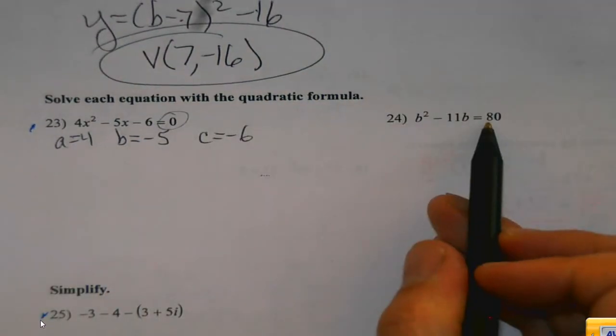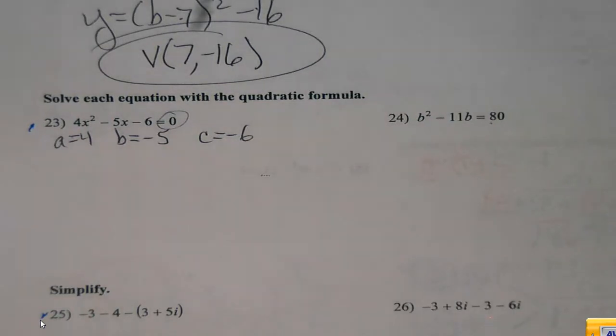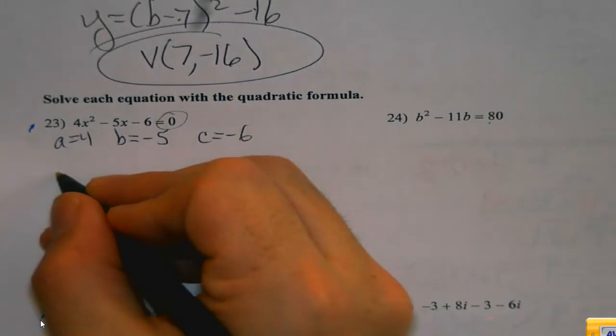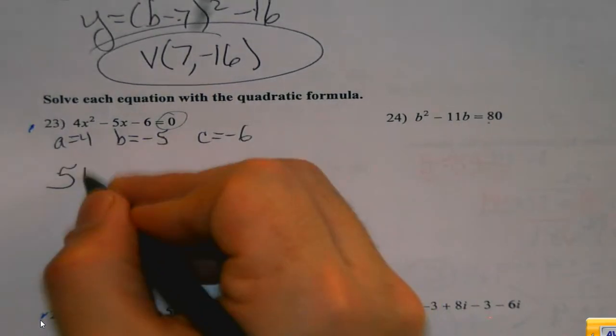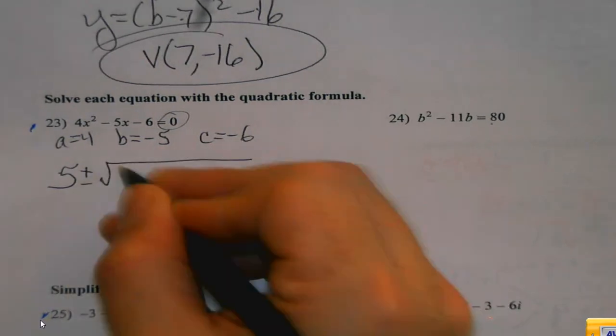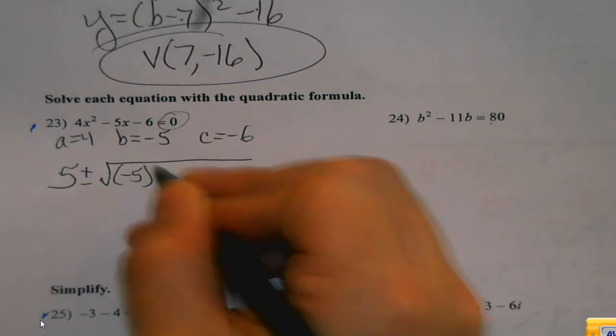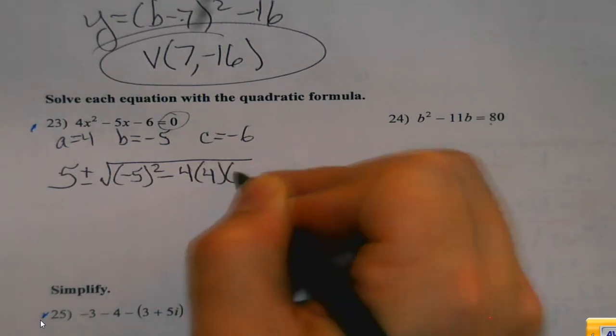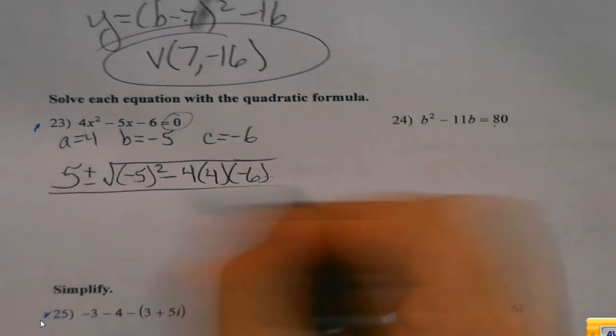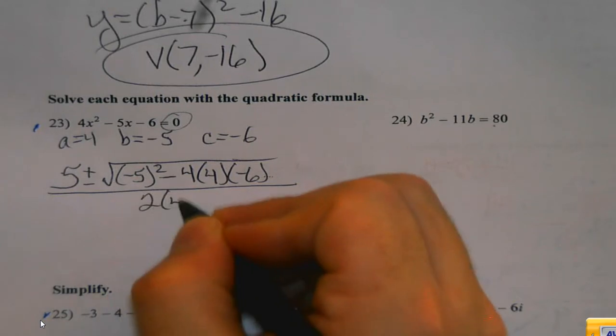If it's not, you would need to minus your 80 over, whatever value it happens to be, first. And then we do the opposite of b. The opposite of negative 5 is 5. Plus or minus the square root of b squared minus 4ac all over 2a.